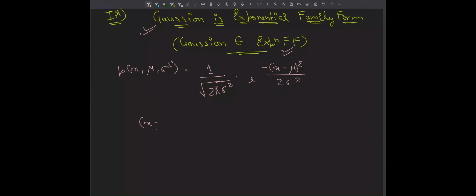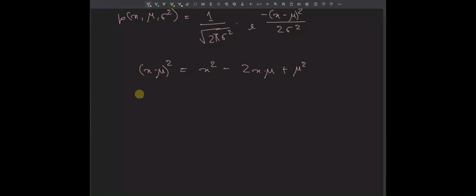We will expand (x minus mu) whole squared and we get x squared minus 2x mu plus mu squared. So the power of the exponential becomes minus x squared upon 2 sigma squared plus mu x upon sigma squared minus mu squared upon 2 sigma squared.